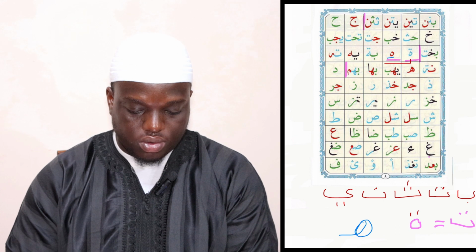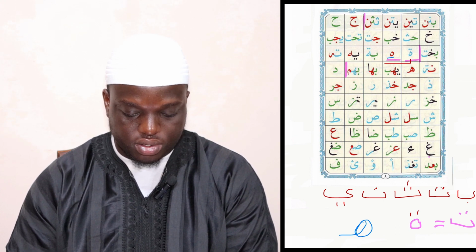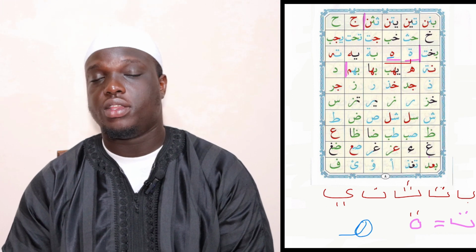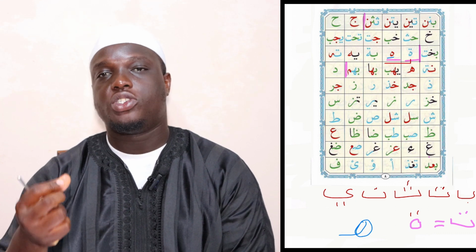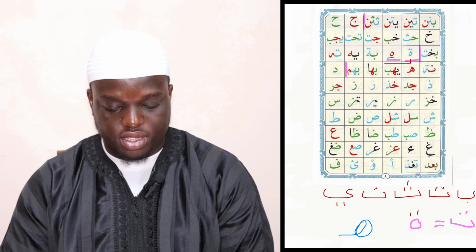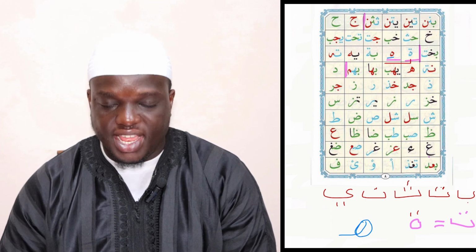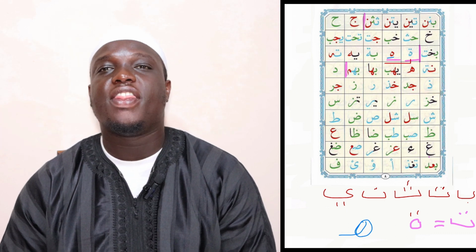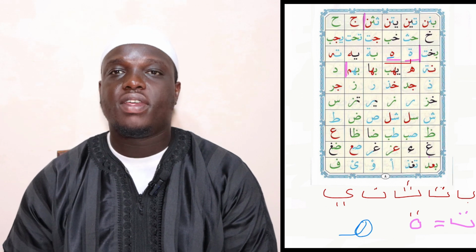So we know this letter right here. What letter is this? If lesson one was strong for you, if you studied and mastered it, you should know this letter here. Dal, good. And then we have what? Dhal. Remember, tongue below your teeth.